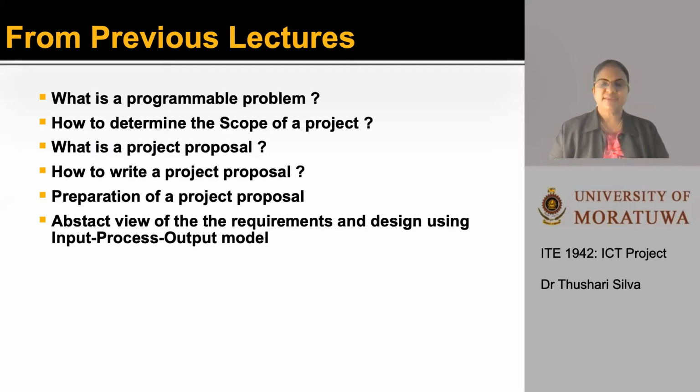That creates the output of your model. Once you have identified the system input, processes and output, it is easy for you to analyze the requirements. So let's see what those requirements are and how to identify them in relation to your project.